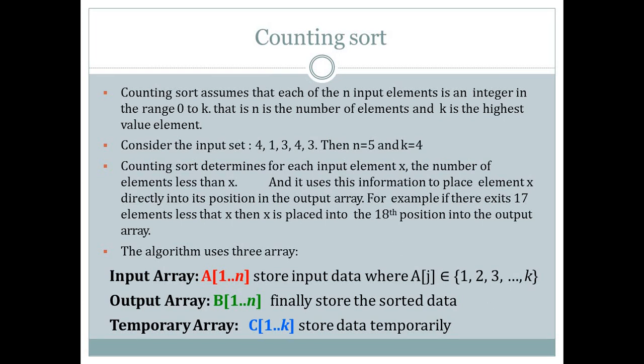Here we have taken an example. Our input set is 4 1 3 4 3, meaning we have a total of 5 items, so n is equal to 5, and the maximum item is 4, so k is equal to 4.